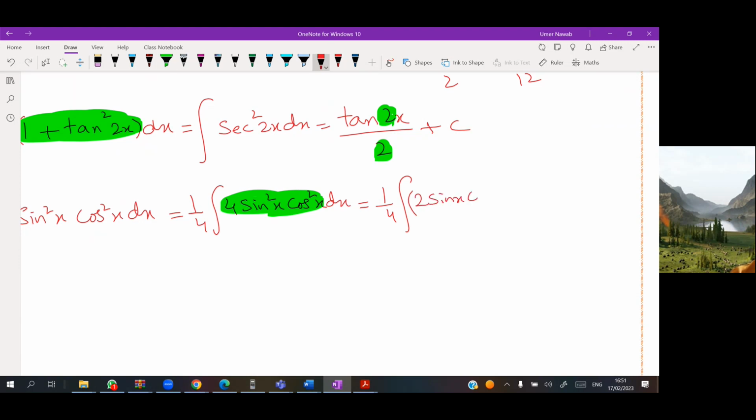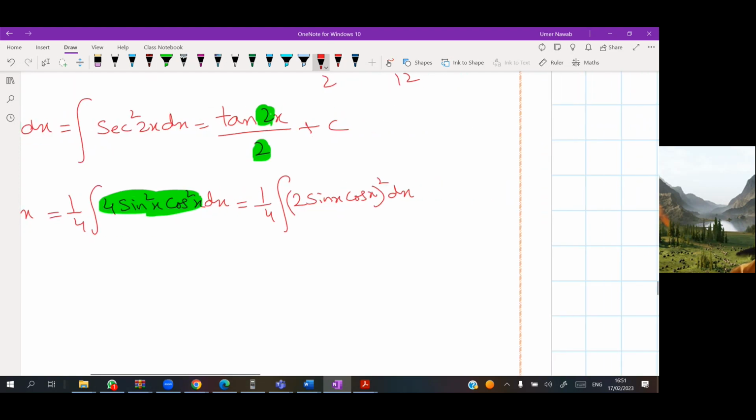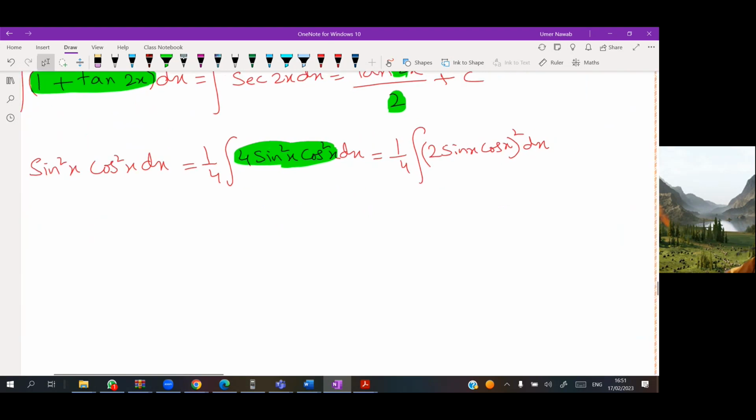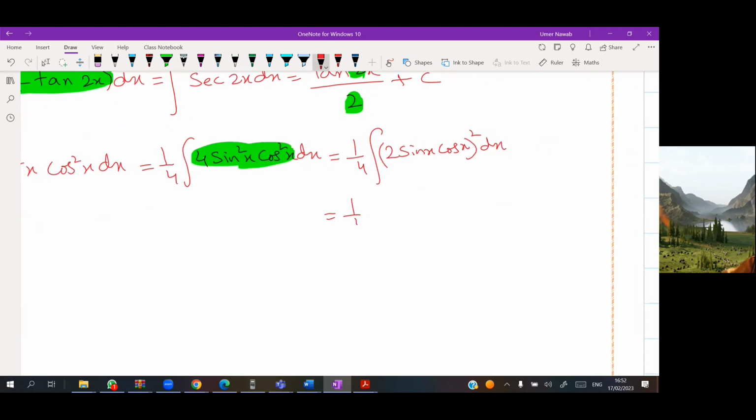It will be written like that. Then this will be changed into sine of 2x, because we took it that the double angle identity for 2 sine x cosine of x is sine 2x. Keep the square on it.